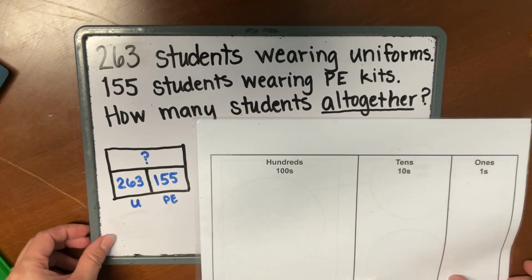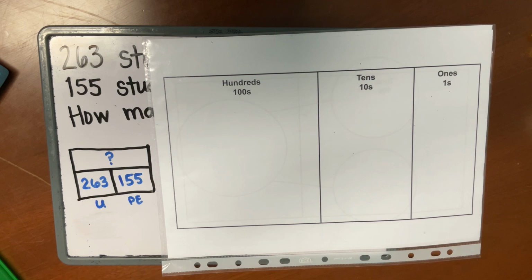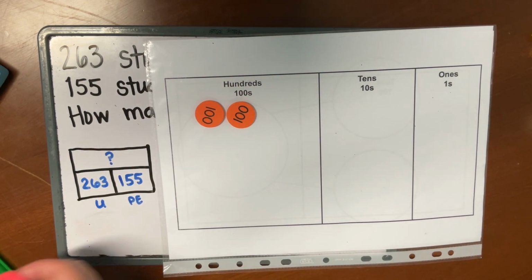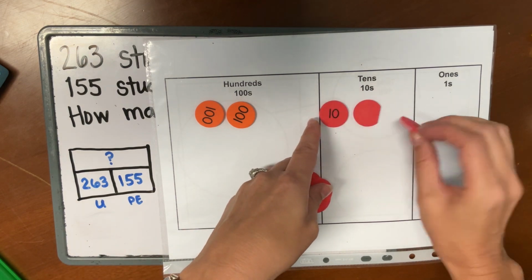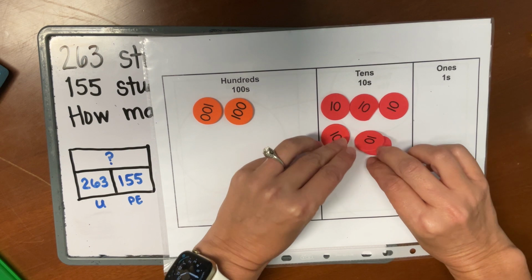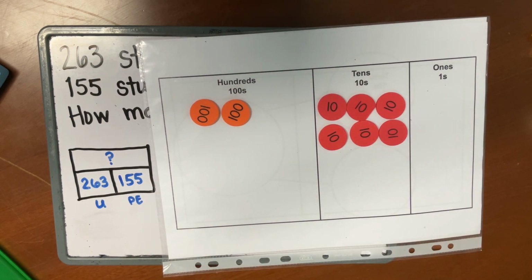I'm going to go ahead and build with place value discs. So I know that I need 263. I'm going to organize my base 10 or my place value discs to really be able to see it easily. So I'm not confused, it's not a jumble.